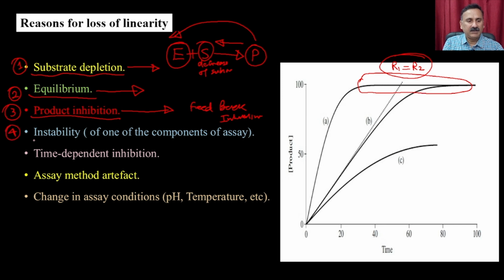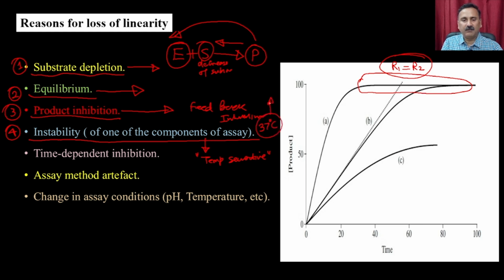Then the fourth point is the instability of one of the components of the enzyme assay. When you use different types of components, some component could be temperature sensitive. Majority of these assays are performed at 37 degrees Celsius, because that is the temperature at which most enzymes show optimal activity, right? But the components could be temperature sensitive.